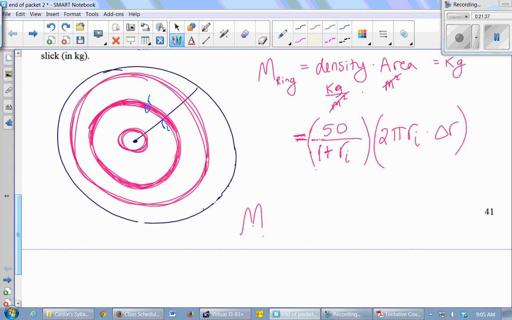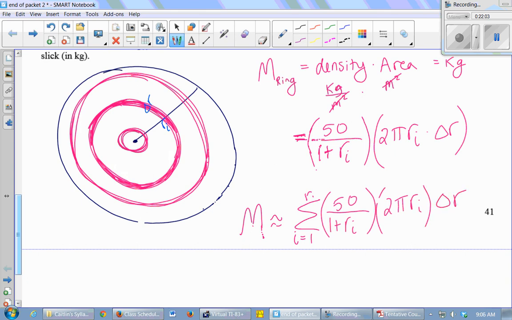So my total mass will be approximately the sum of n concentric rings, and each one will have a mass given by this formula: 50 over 1 plus r sub i times 2 pi r sub i delta r.